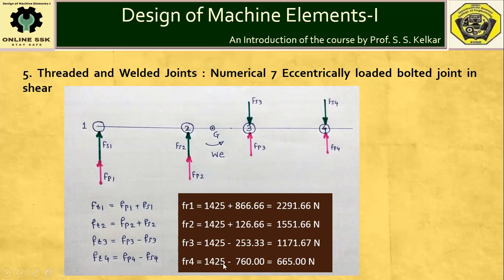The same is shown here, and we have calculated resultant forces at different bolts. By comparing these values, we can note that Fr1 is the maximum amongst Fr1, Fr2, Fr3 and Fr4.